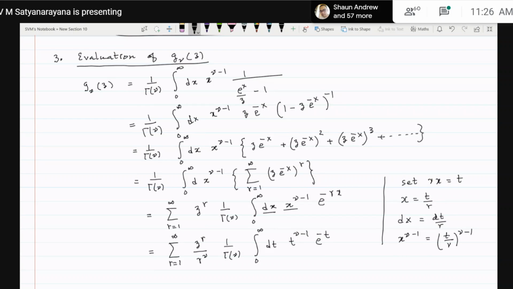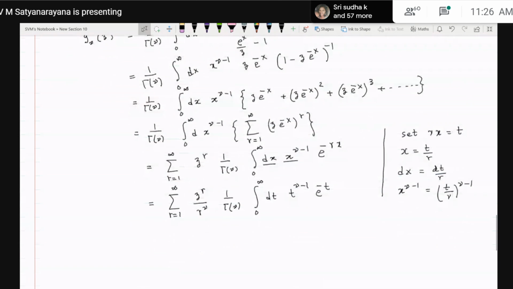Now if you know the definition of gamma function, this is the gamma function, right? So whatever is this integral is gamma of mu. So you can see that this gamma of mu and this integral will cancel.